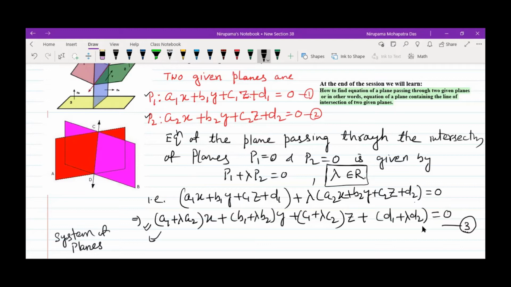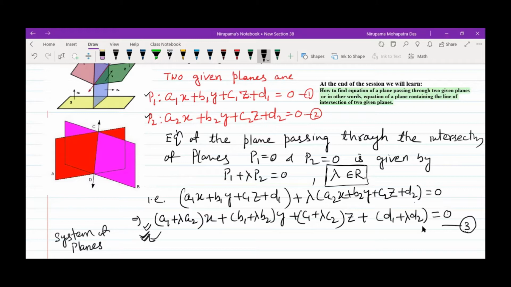What we have to do here: first you will be given two planes, and the planes passing through the line of intersection of the two given planes will be given by equation 3. So up to equation 3, every question on this concept will be the same.